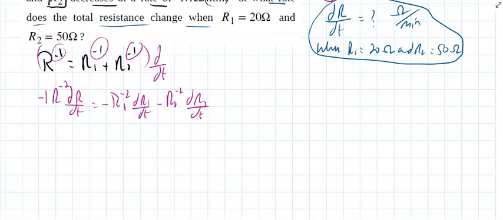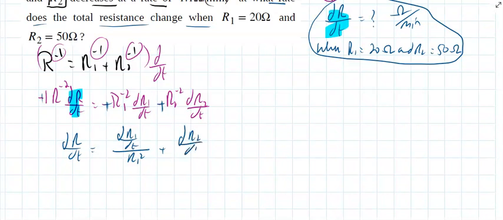Now, my goal is to find dR/dt. If they're all negative, I could divide by a minus 1 and make all of them positive. dR/dt will simply be, if I write this properly, dR1/dt divided by R1 squared plus dR2/dt divided by R2 squared all over.